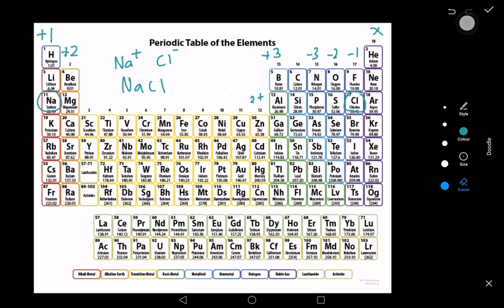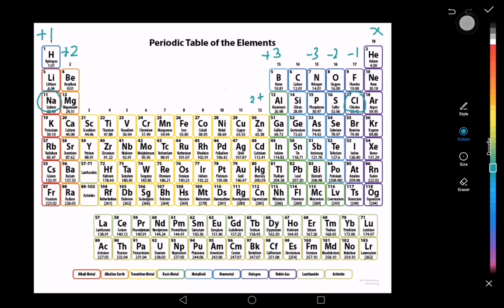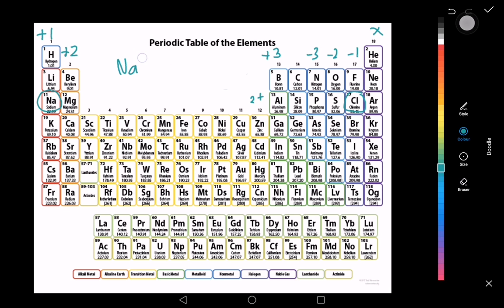But if they ask you to write the chemical formula for sodium oxide, we know the charge of sodium is Na plus, but oxide is group 16. The charge for oxide is O2 minus. You can see the charges are different.